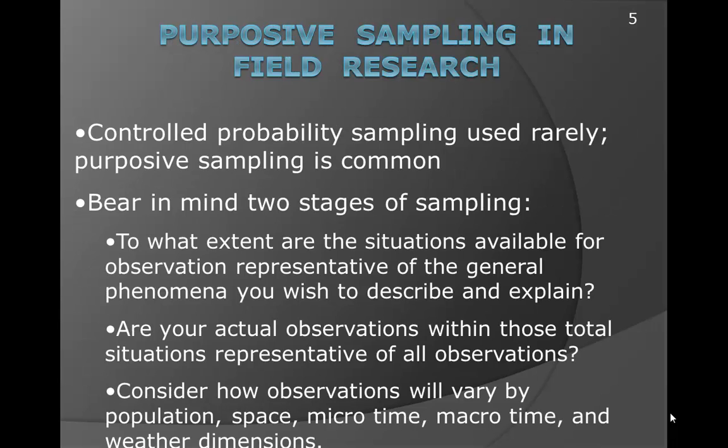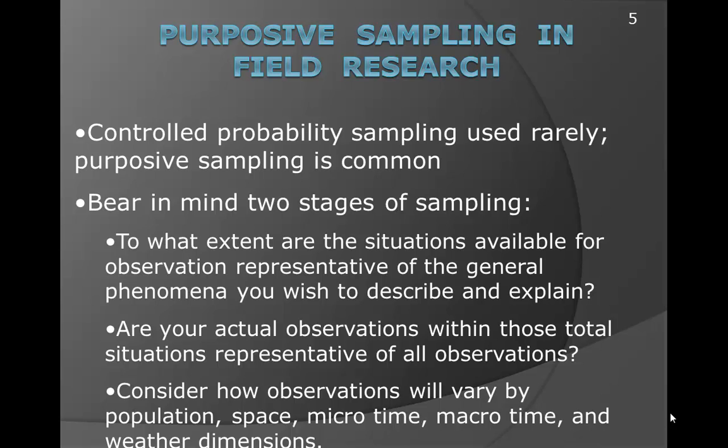So let's talk just a little bit about sampling in field research. Controlled probability sampling is used rarely. Purposeful sampling is pretty common. You have a group that you are actively hoping to observe. You have to bear in mind two stages of sampling. To what extent are the situations available for observation of the general phenomenon that you hope to describe and explain?